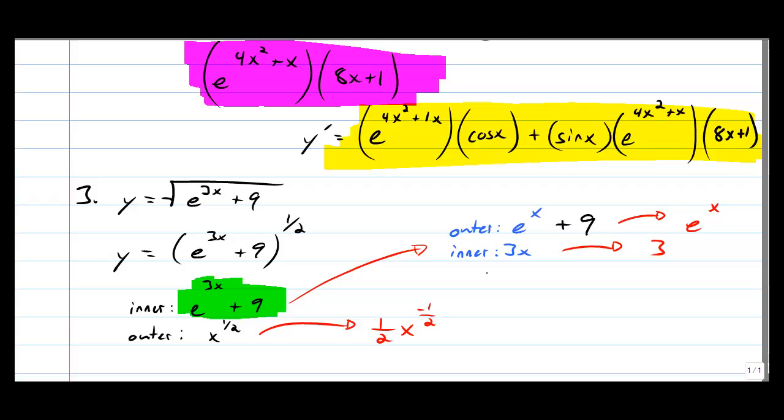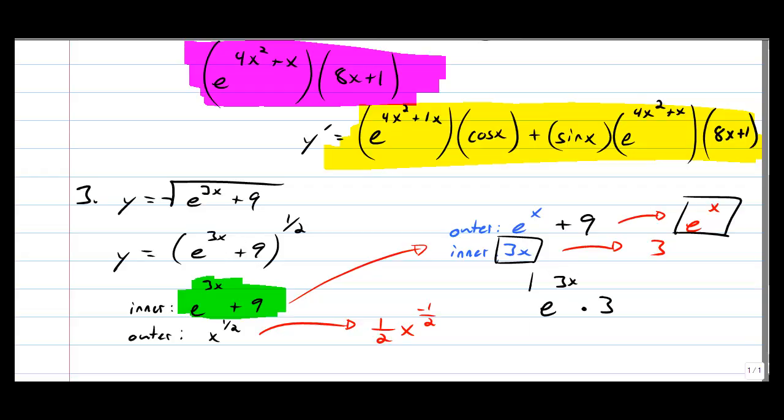So the derivative of the outer evaluated at the inner. So 3x will get plugged into e to the x. So e to the 3x times the derivative of the inner, which is 3.